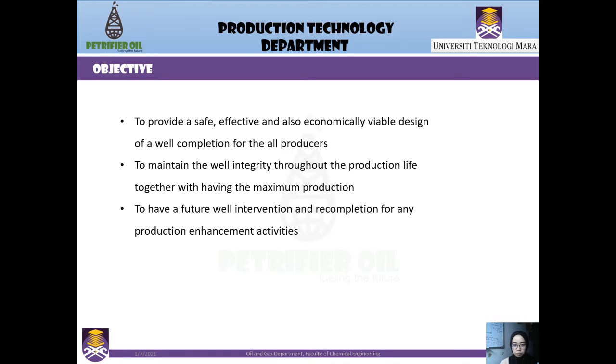In tubing size selection, it is to maintain the well integrity throughout the production life, together with having the maximum production. The artificial lift and production problem parts are for future well intervention and recompletion for any production enhancement activities.